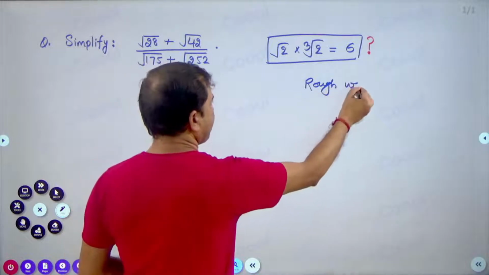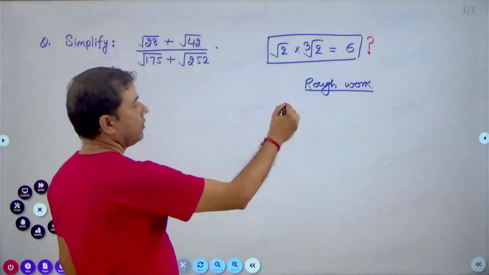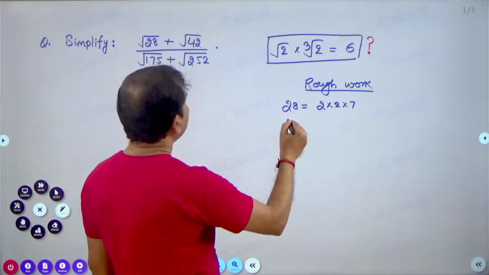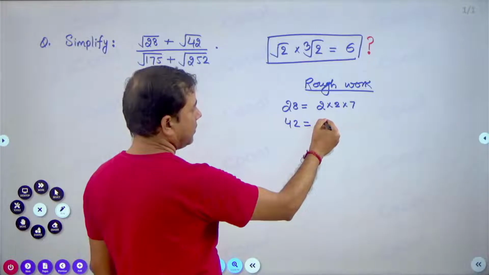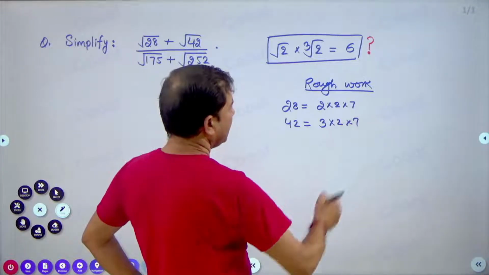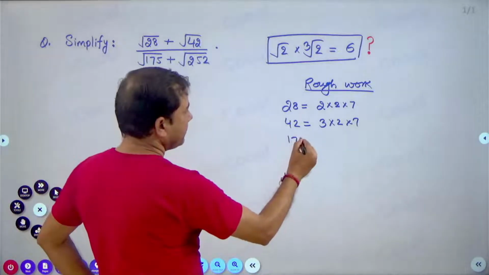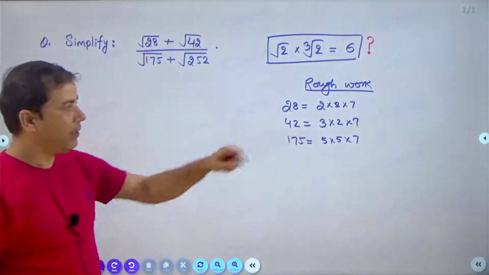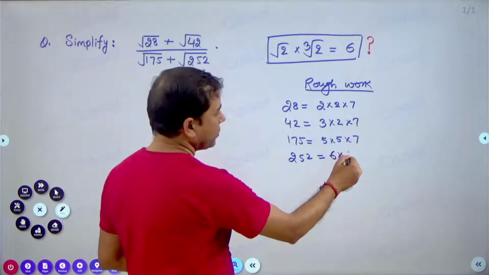It's not necessary to write, but I am showing it because you are a learner now. 28 means 2 times 2 times 7. 42 means 2 times 3 times 7, that is 6 times 7. 175 is 5 times 5 times 7. 252 is 6 times 6 times 7.